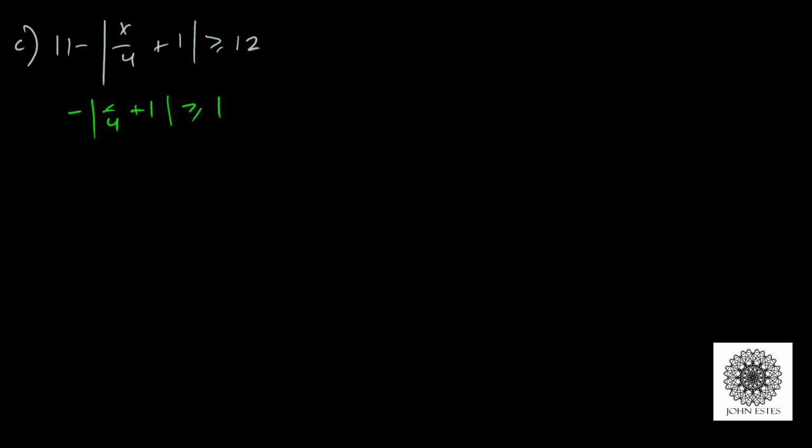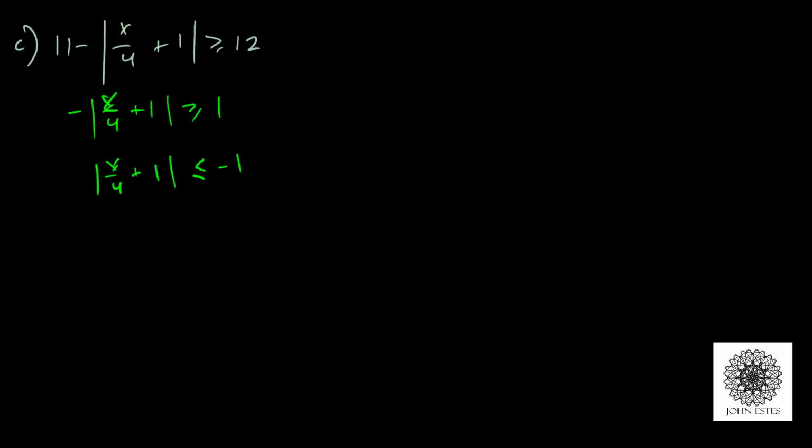And it looks like we're going to have that same situation we did last time with the split number line. But I need to get the absolute value by itself, so I multiply both sides by a negative, and when you multiply or divide by a negative, that means you flip your inequality. So I get the absolute value is less than or equal to negative 1.